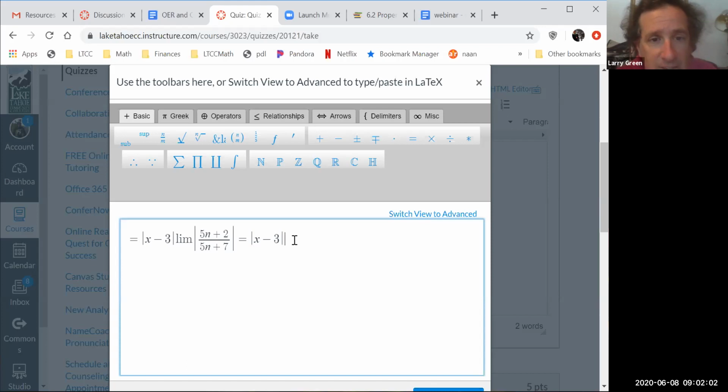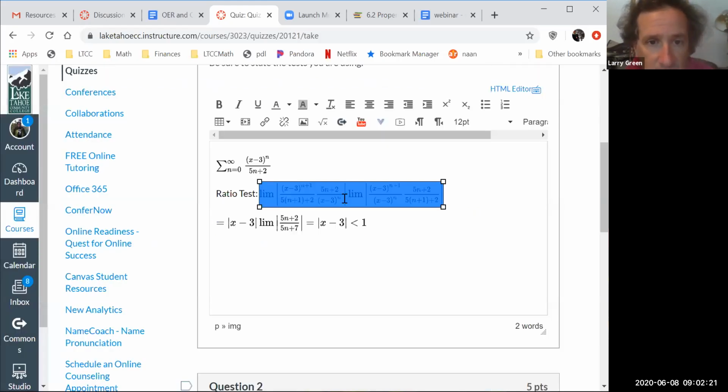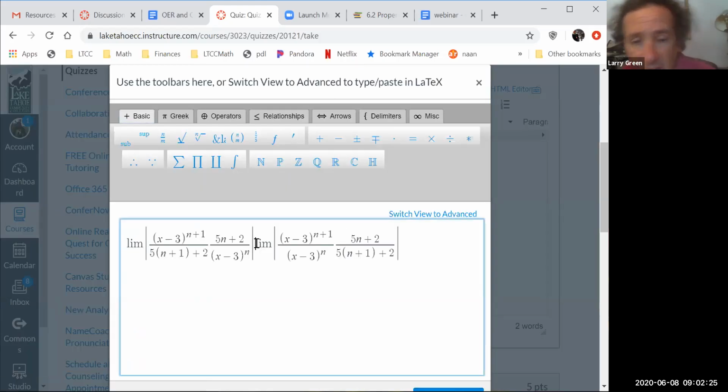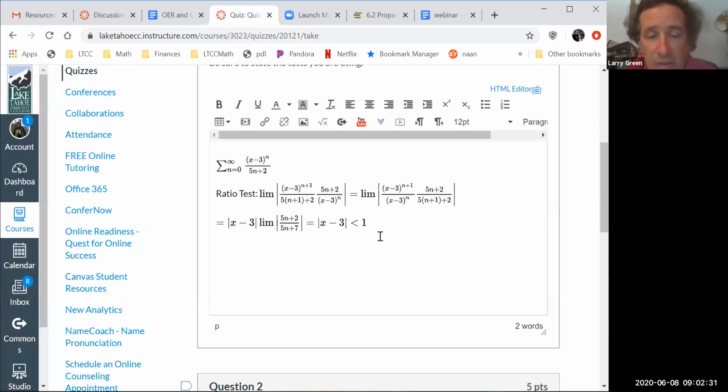When you're doing the ratio test, what are we interested in once we've taken our limit? We want it to be less than 1 for it to converge. Any questions on that? I left out an equal sign. Any questions at all so far?